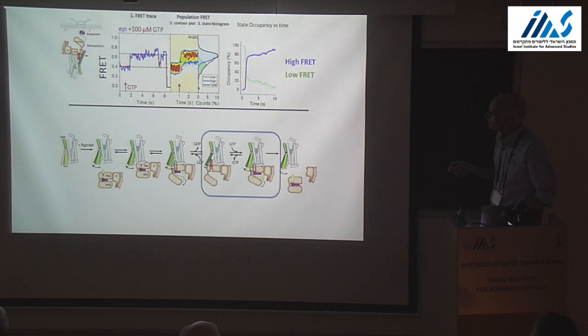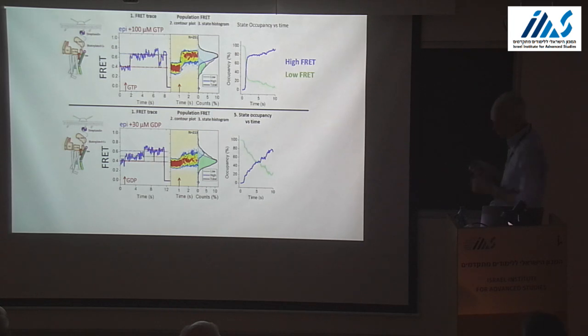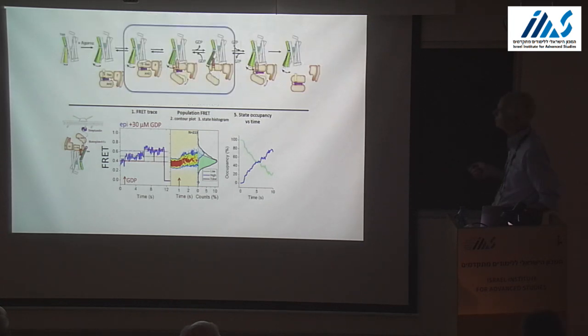Now, this is disassembly. In order to look at assembly, we're looking at more or less the reverse. We're adding GDP. So we start with a nucleotide-free complex, and we add GDP and go this direction. So again, we start with a low FRET.